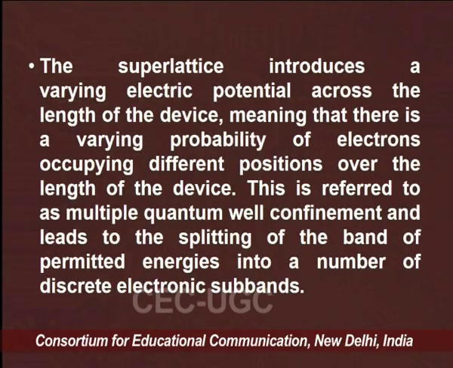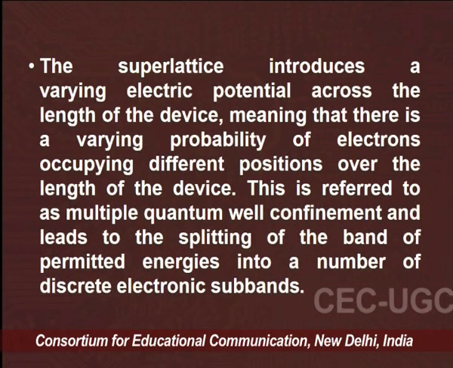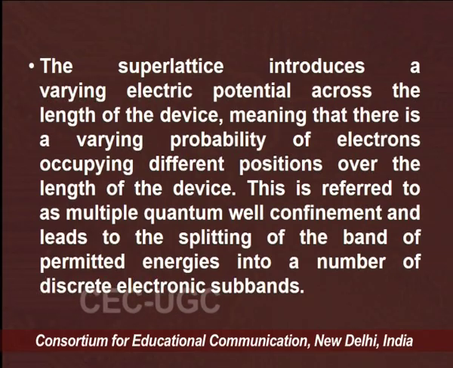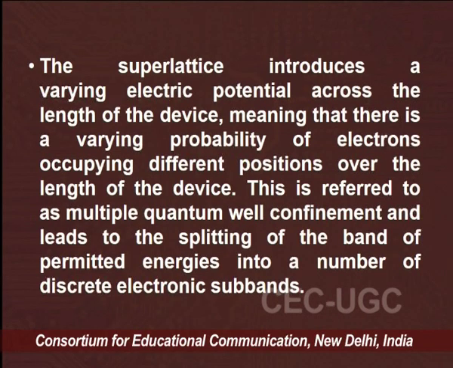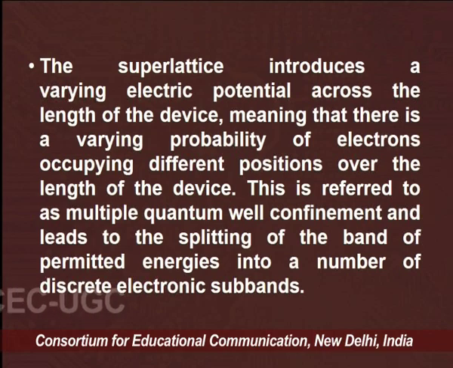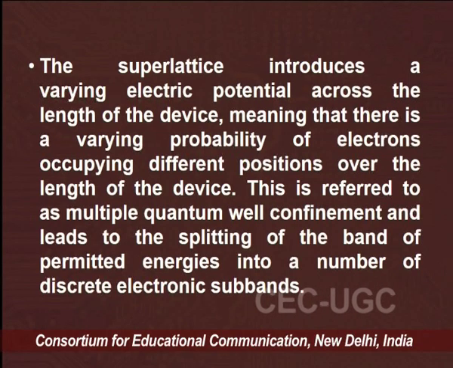The superlattice introduces a varying electric potential across the length of the device, which means there is a varying probability of the electron occupying different positions over the length of the device.